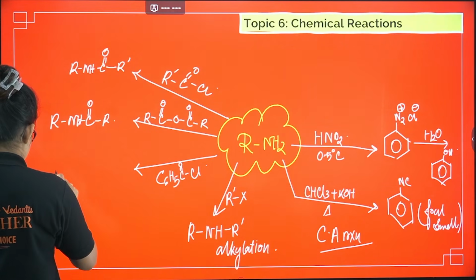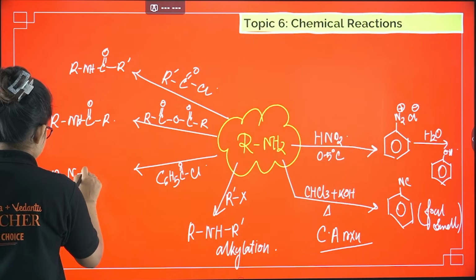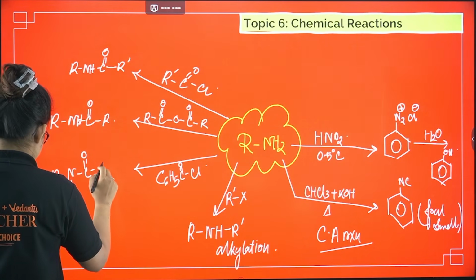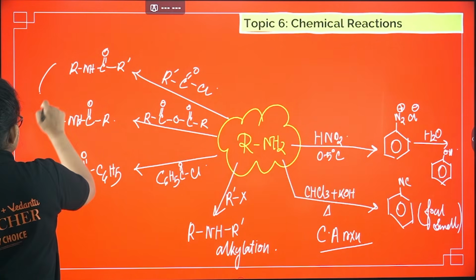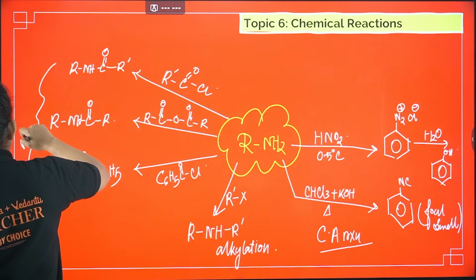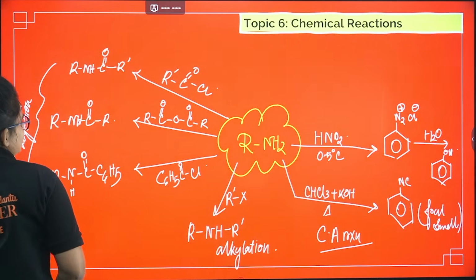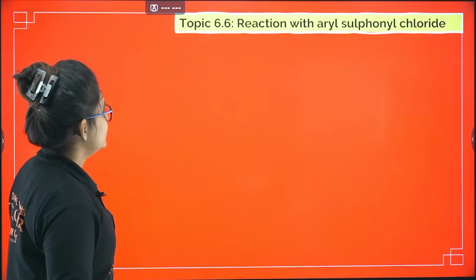Then you will end up with RNHCOC6H5. All these three, you can see, are types of acylation. I guess these chemical reactions are a little bit clear to you.